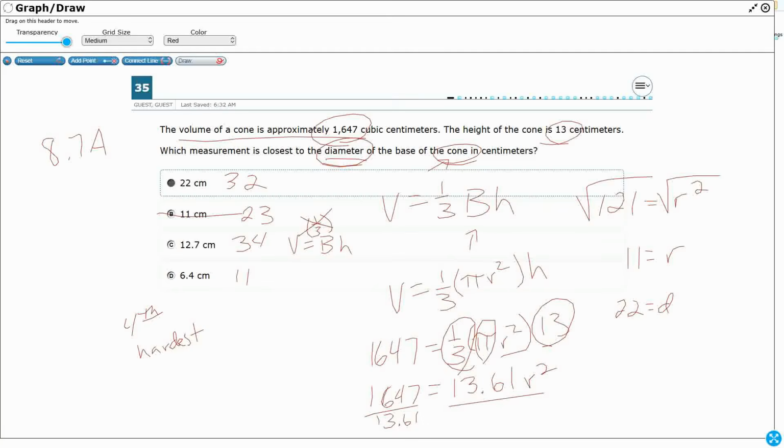You had to divide by 13.61, take the square root, and then you had to double it to get the diameter. That is a lot of moves, and our students definitely need a lot of practice with that. That's probably the most complex you can get when you deal with a circle and you deal with area, because they're always going to use the radius. And if you ask for the diameter, that always adds that one final move at the end.